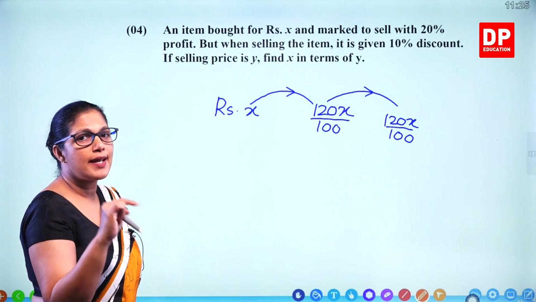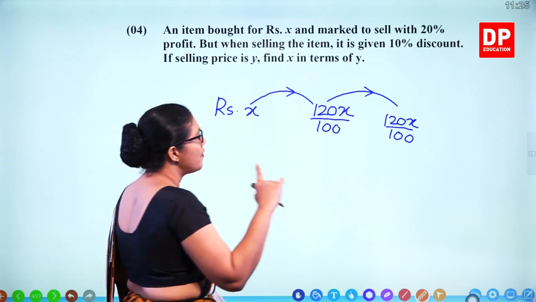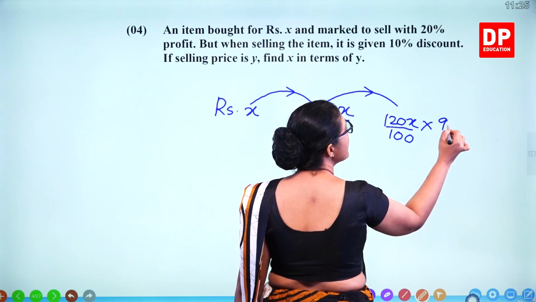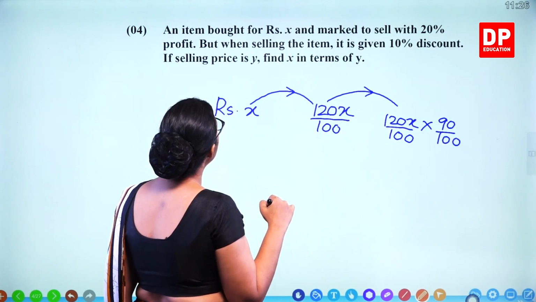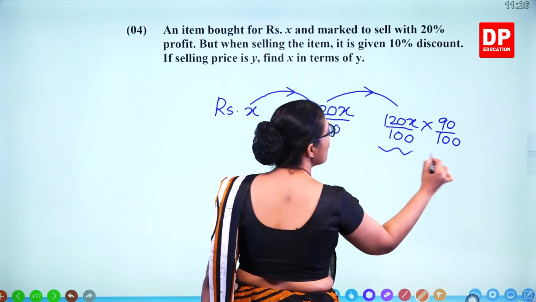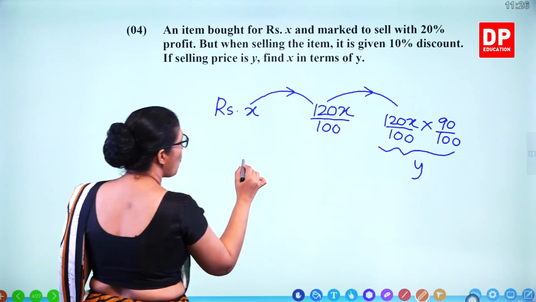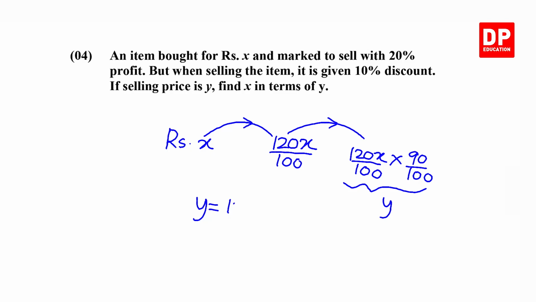So the customer gets it for 90 rupees. So that's 90 over 100. That's the selling price Y. So Y equals 120x over 100 into 90 over 100.